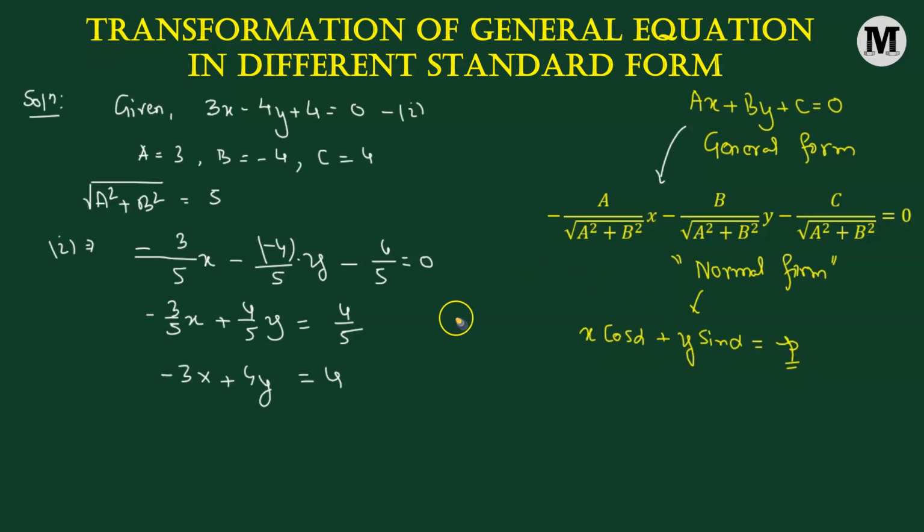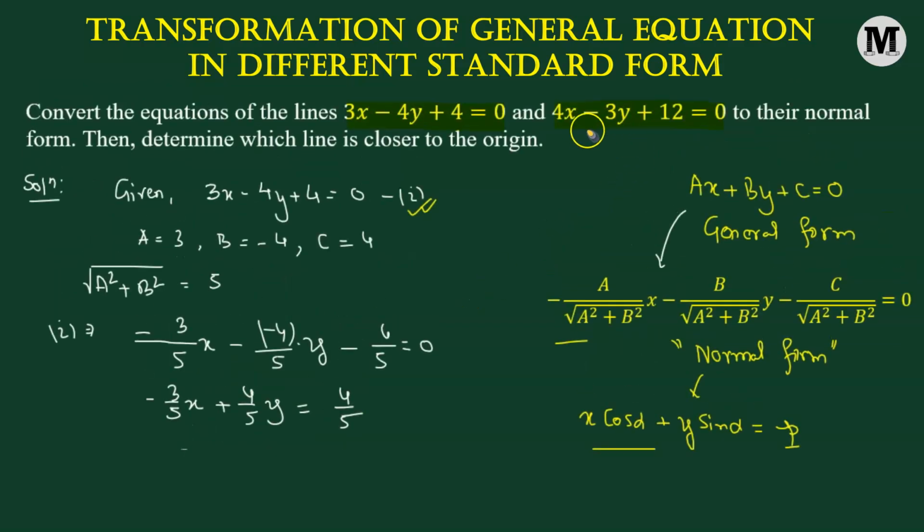So we considered the equation in the general form, converted it to the normal form, and there is another way of representing the same equation, which is x cosine alpha plus y sine alpha equals p. Comparing, p, let's call it p1, comes out to be 4 units. We need the positive value because distance is always positive. So this is the perpendicular distance of the line 3x minus 4y plus 4 equals 0 from the origin.